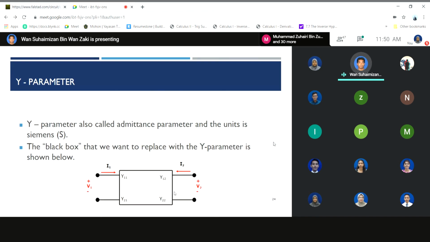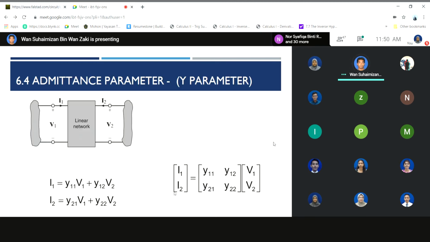So for Y parameter, it's the same thing as Z parameter, the same analysis as we went through for the Z parameter, but the Y parameter basically is the inverse of Z parameter. We call Y an admittance, right? So for admittance, you have a linear network, you need to represent this network with the admittance.